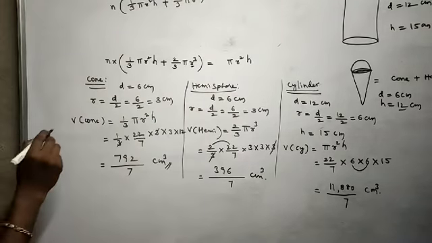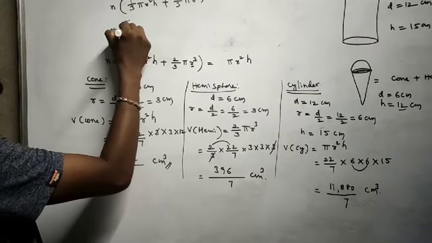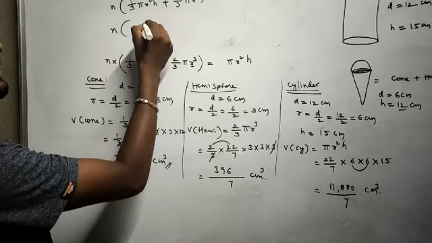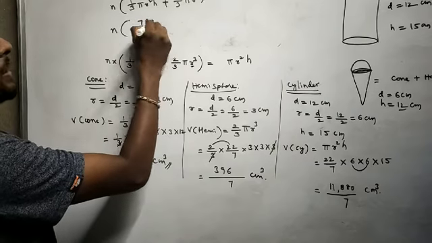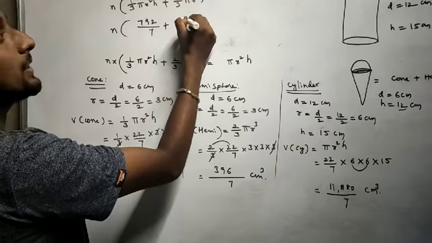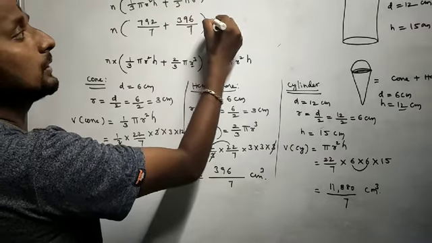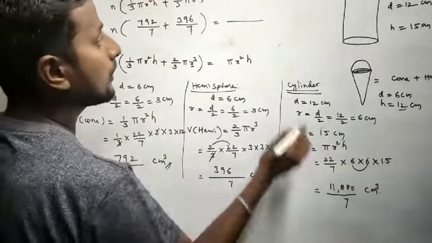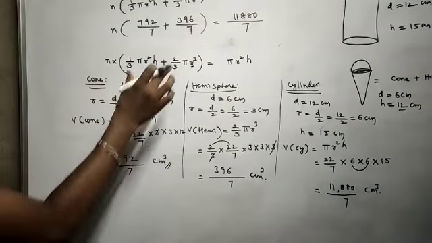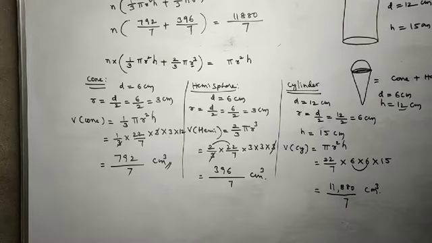Now substitute the values. N into 792 by 7 plus 396 by 7 equals 11880 by 7, and these two are like fractions, so we can add directly.